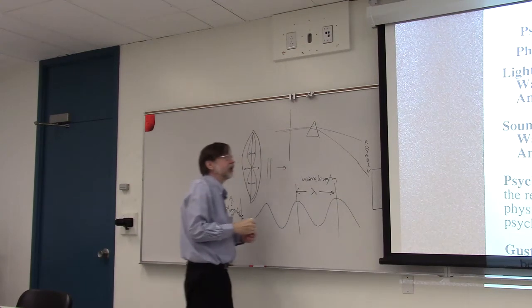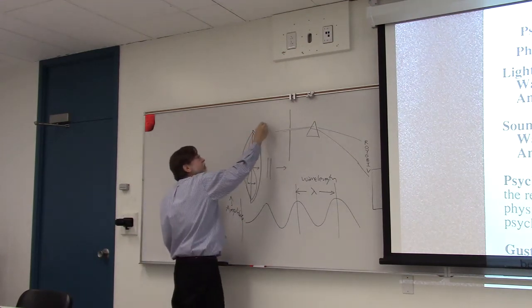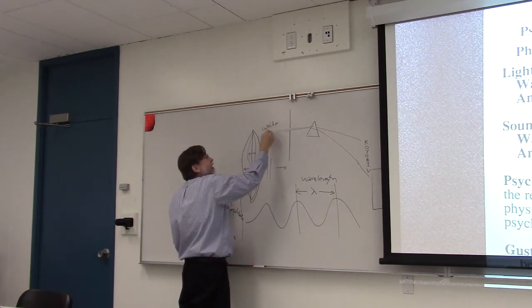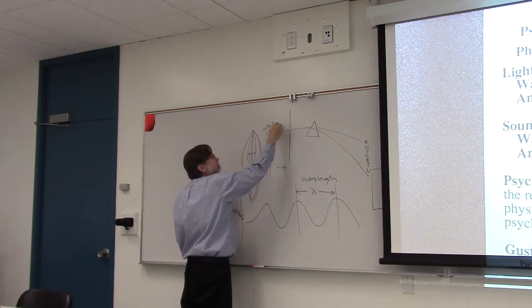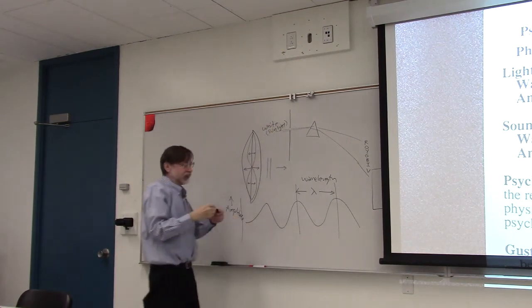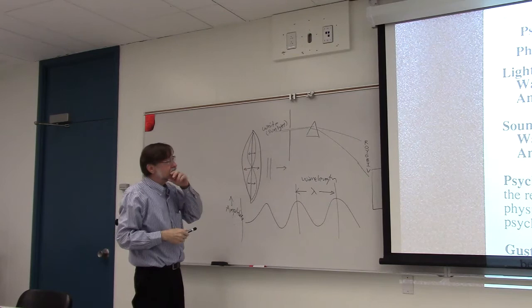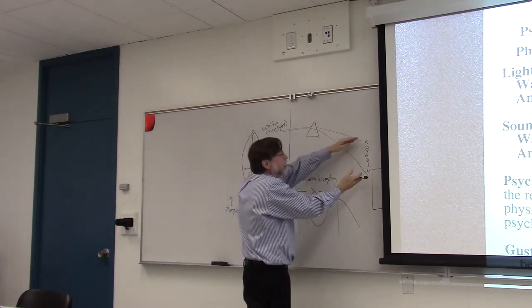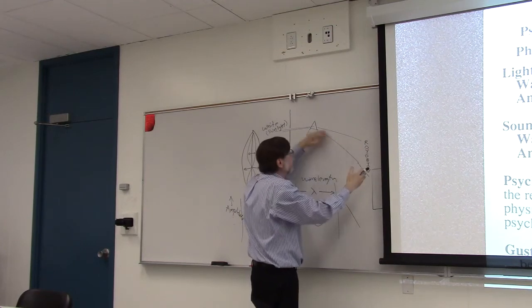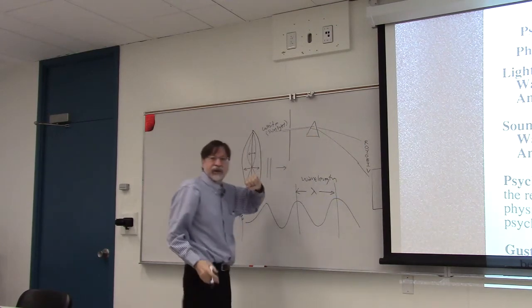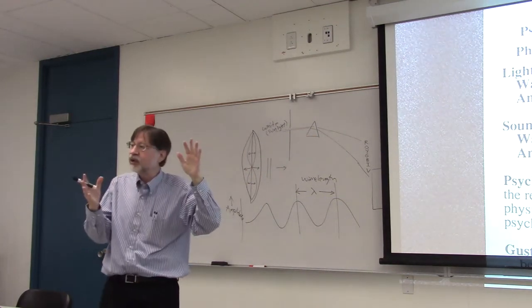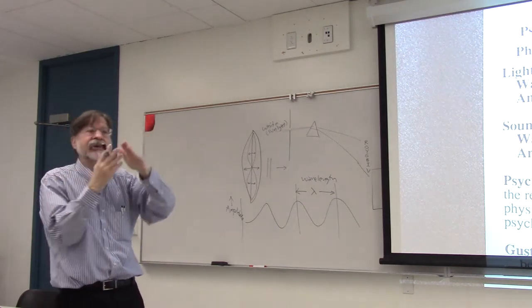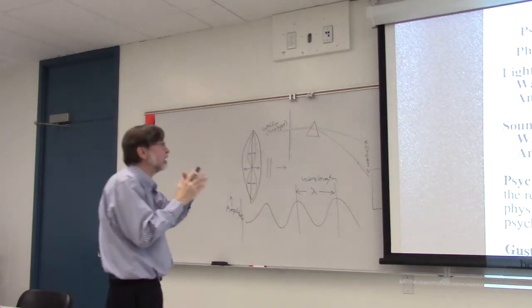So he was able to break up white light, sunlight, into a spectrum of colors. And he put another prism there, pointed the other way, and he could recombine all the colors back into white light. So he could separate white light into the colors, and you could take all the colors and put them back together again and make white light.